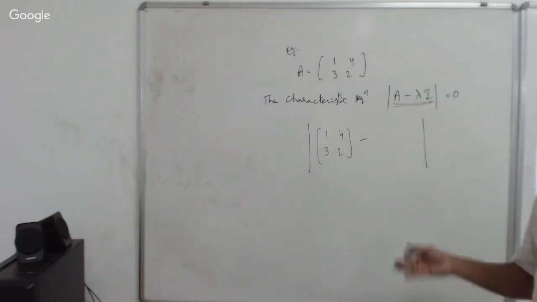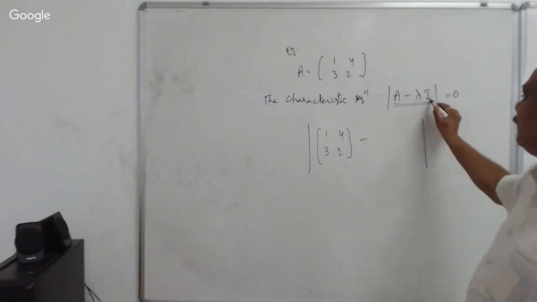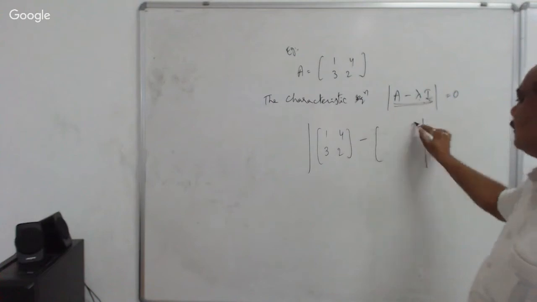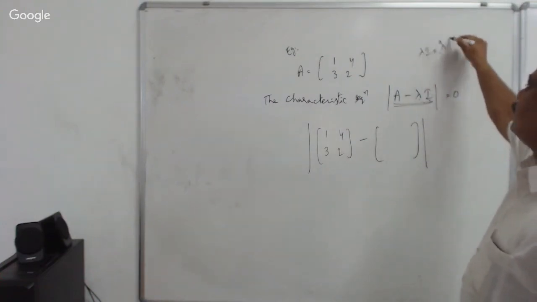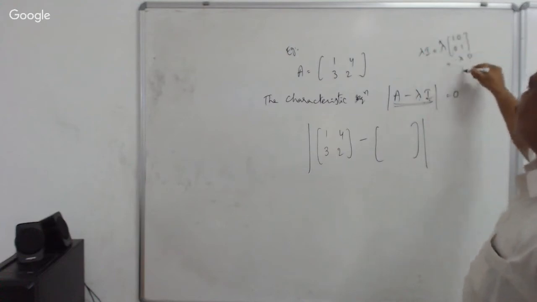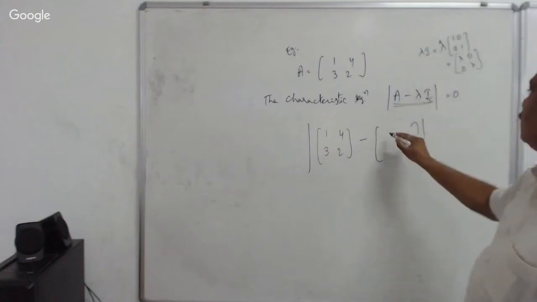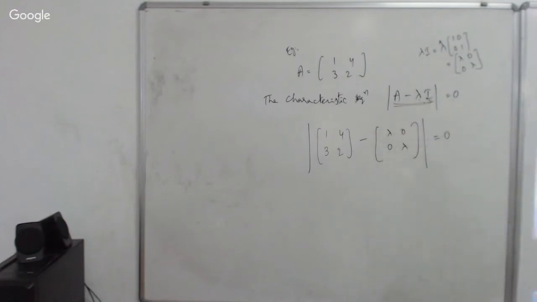After one or two problems, you will be able to write direct steps. Lambda into I means a 2 by 2 matrix: lambda times 1 0 0 1 becomes lambda 0 0 lambda, equal to 0.